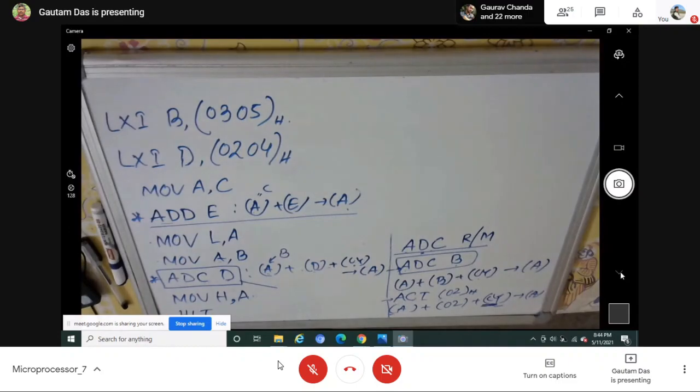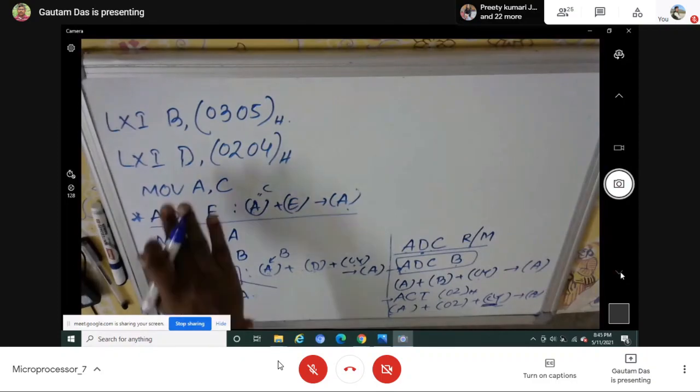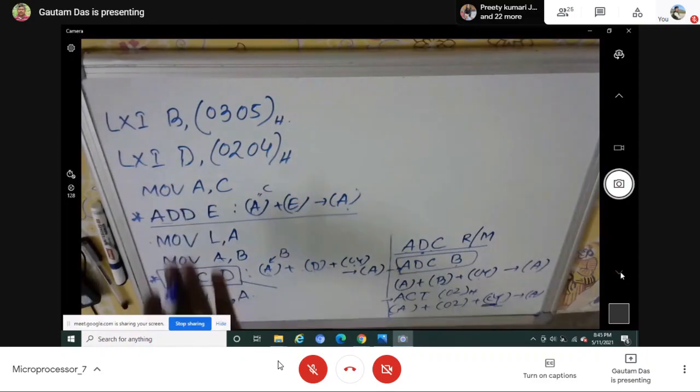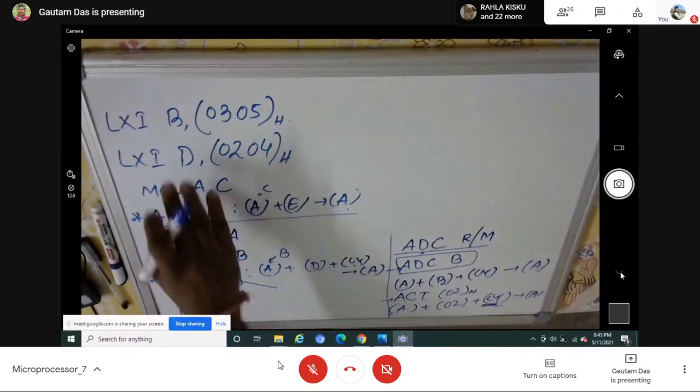Then it may appear: is it possible for an 8-bit microprocessor to add two 16-bit data using a single instruction? It is possible. But remember, the processor will not perform the addition in a single step. Internally, the processor will perform the addition of two 16-bit data by following this operation.